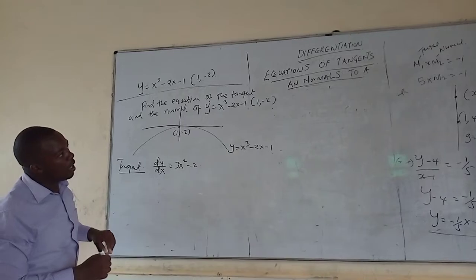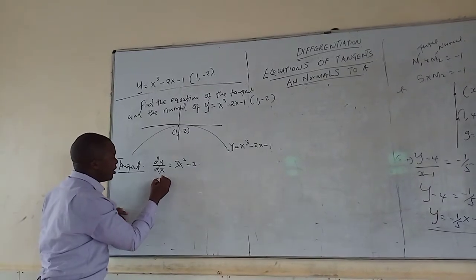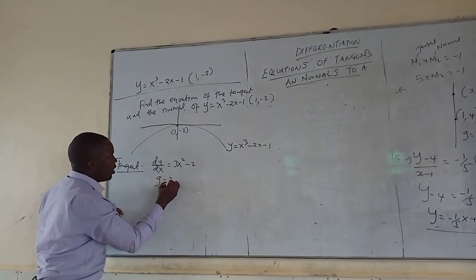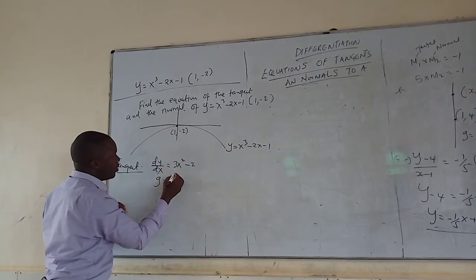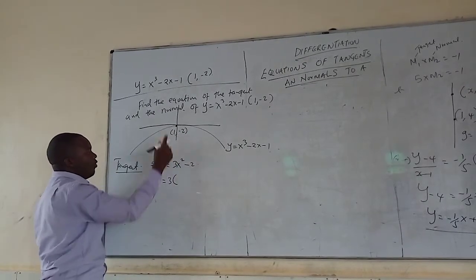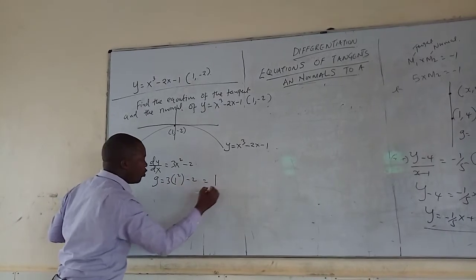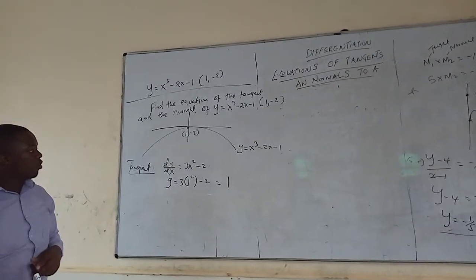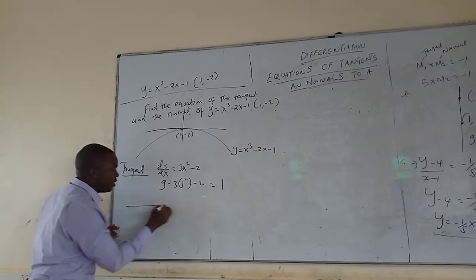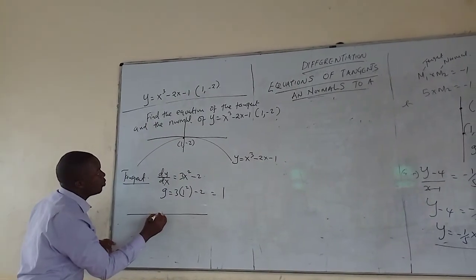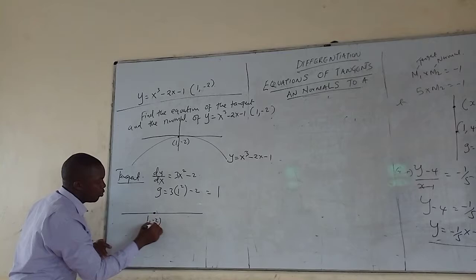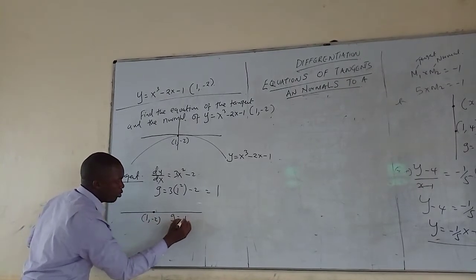So the gradient, at this point, is going to be 3 times the value of x at that point, 1 squared, minus 2, and this is going to be 1. The gradient is going to be 1. So that tangent is going to pass through 1, -2, and the gradient is equal to 1.